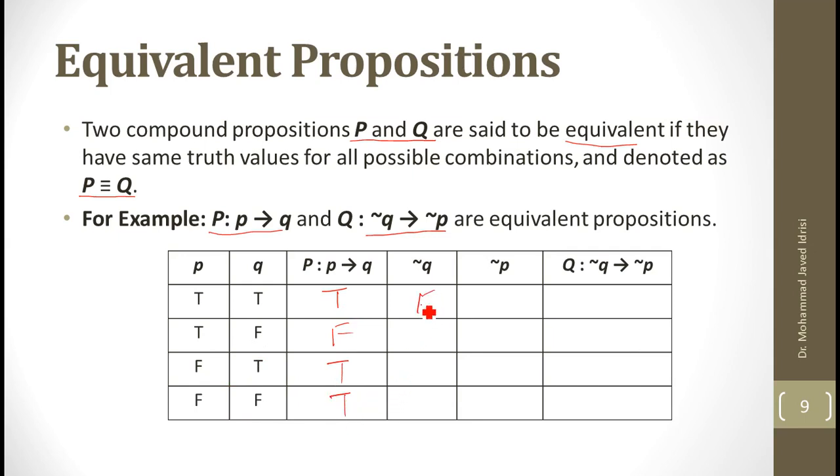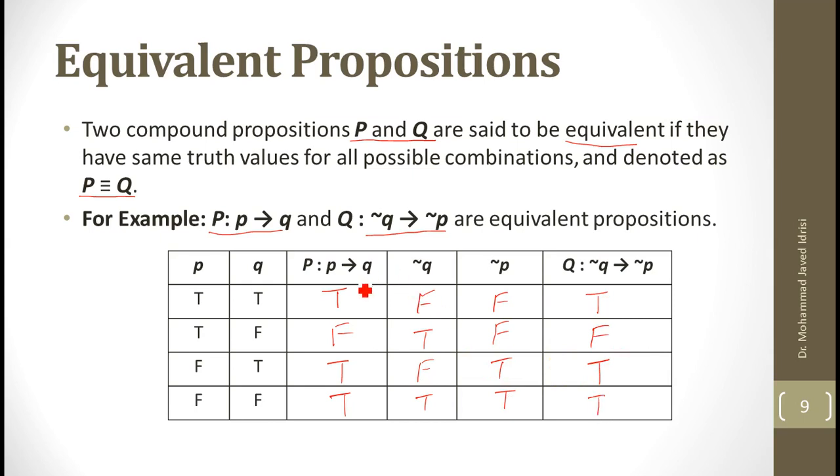Negation of Q is false, true, false, true. Negation of P is false, false, true, true. Now negation of Q implies negation of P: false implies false, true. True implies false, false. False implies true, true. True implies true, true.